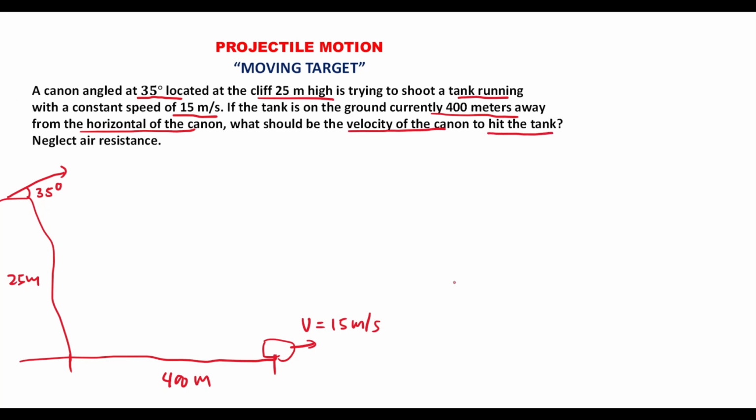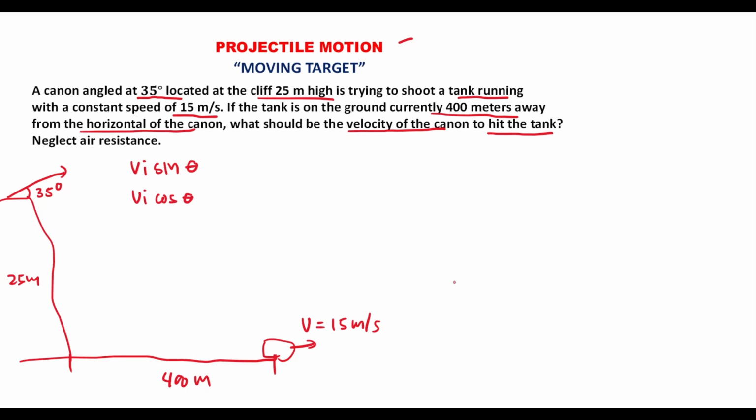So for this problem, since it's projectile motion, first we need to find the initial velocity times sine theta and the initial velocity times cosine theta.